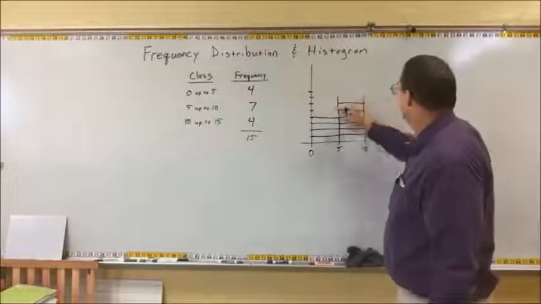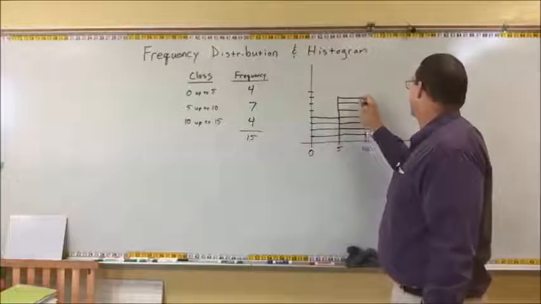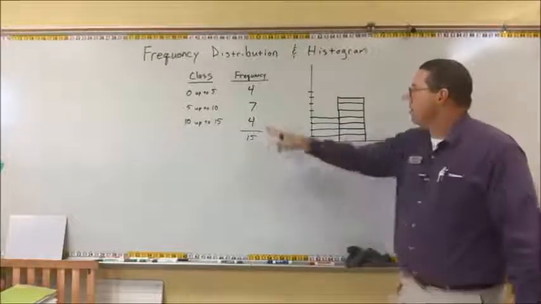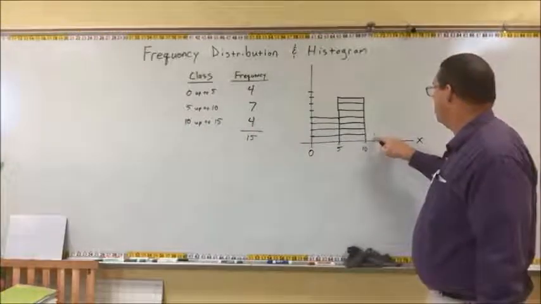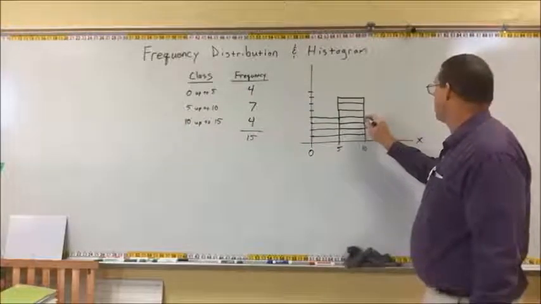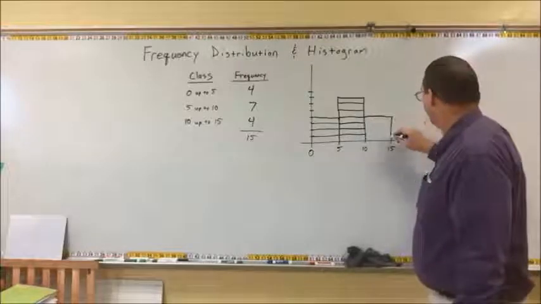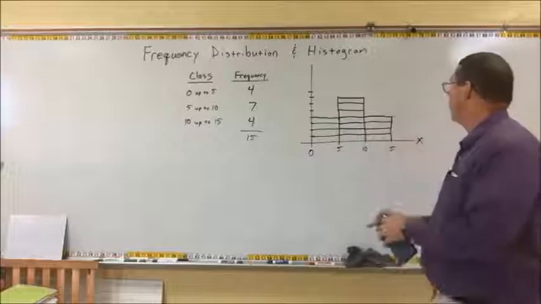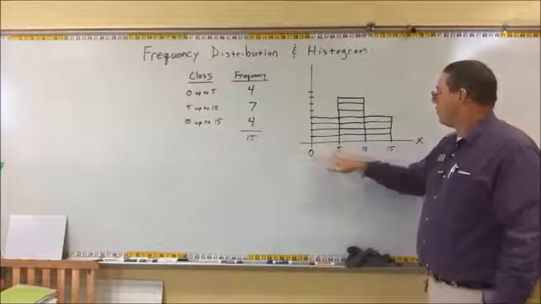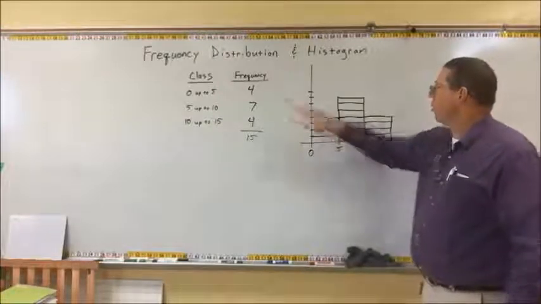Maybe I can cut that off right there. There we go. 7. Okay, good. And then the last one is 4. So this one's going to go up 4. 1, 2, 3, 4. So it's going to go up to here and over, and down. So it's 1, 2, 3, 4. So from 0 to 5, we have 1, 2, 3, 4, 4.